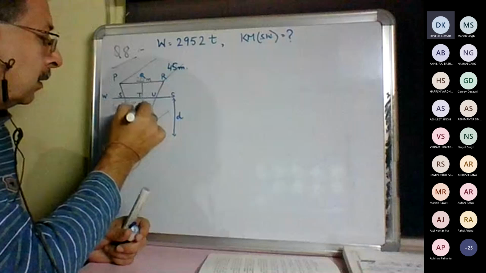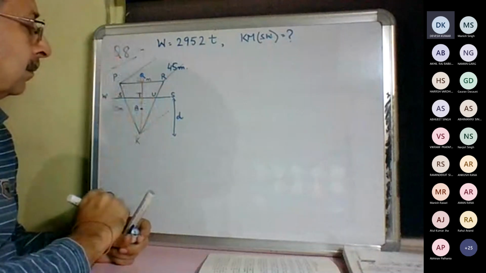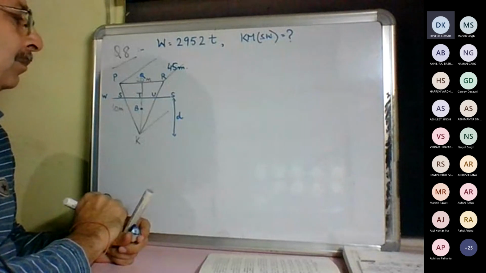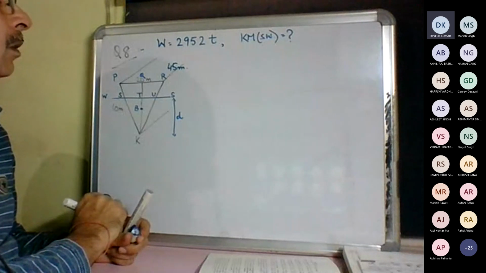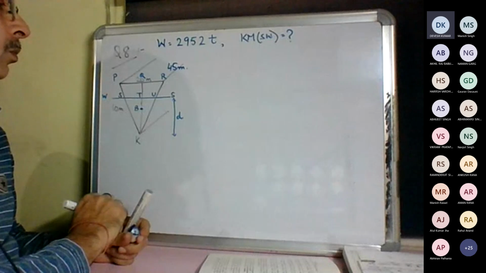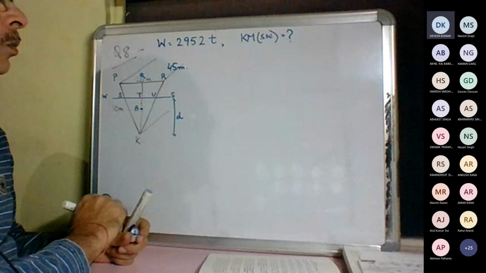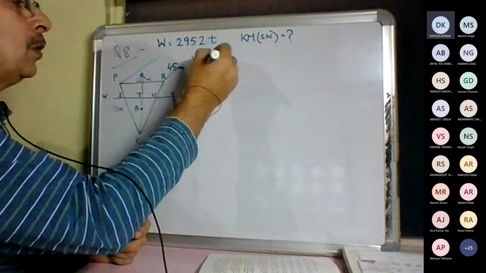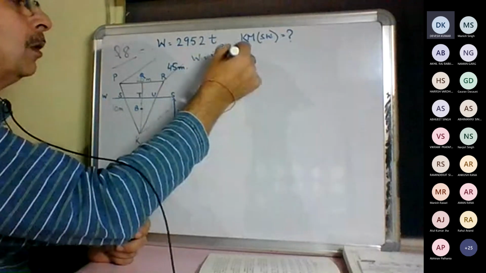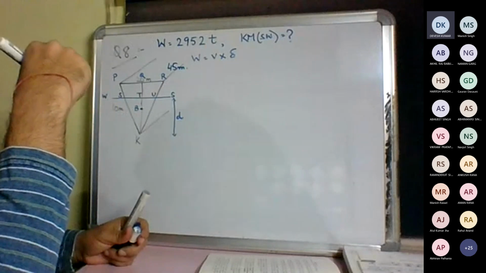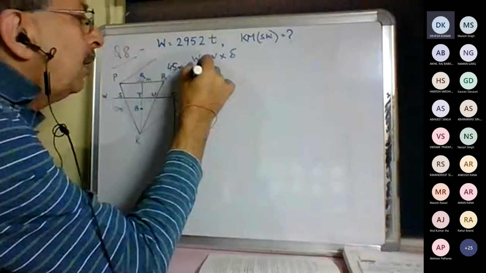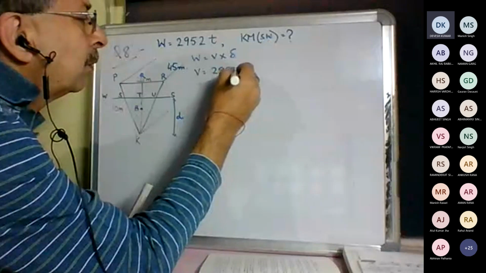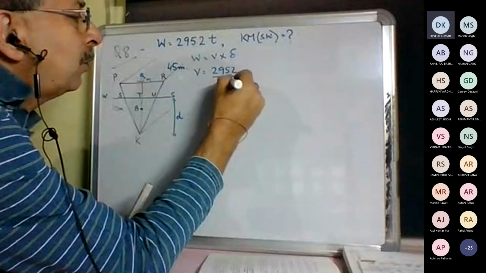This is the center of buoyancy, KB. Displacement W is equal to underwater volume into density. So underwater volume is equal to 2952 divided by 1.025.